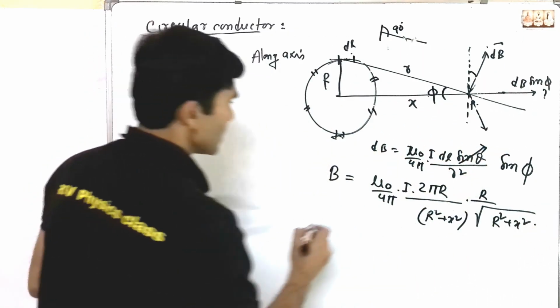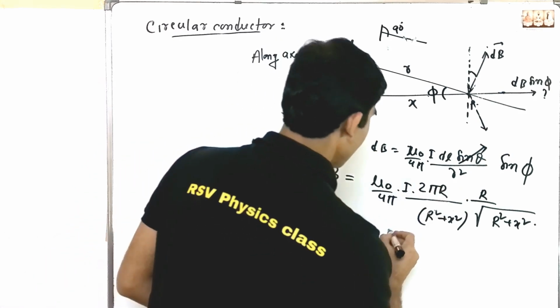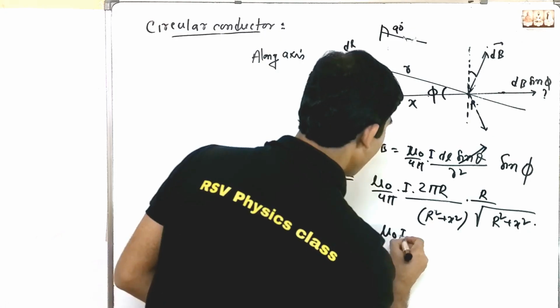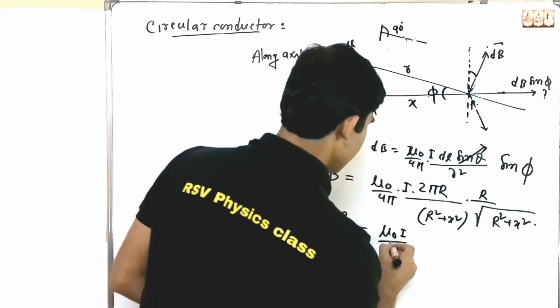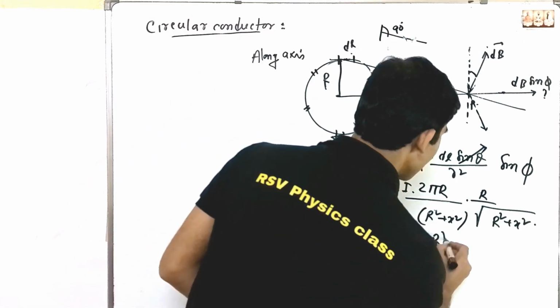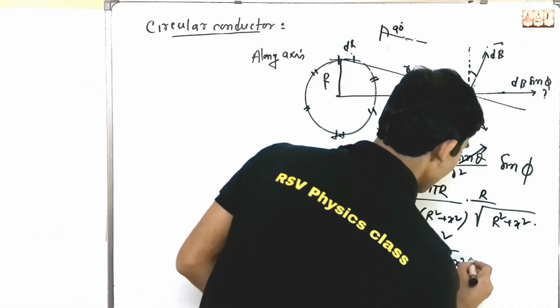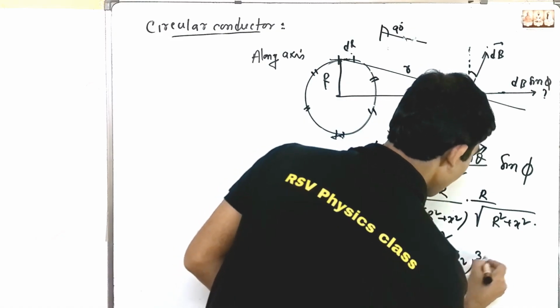So B equals mu 0 I over 2, r square over r square plus x square to the power 3 by 2.